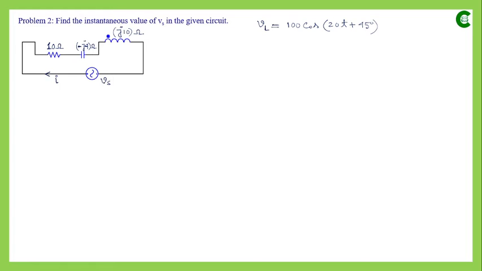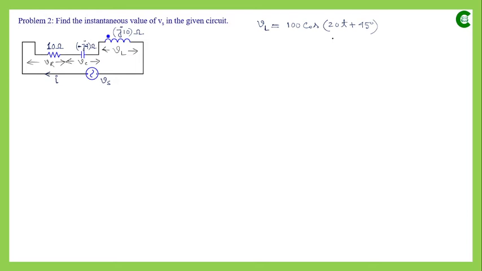Now let's assume that this voltage source supplies a current I, which is again the notation of instantaneous current. Now there is another parameter given, and that is the voltage across the inductor. That means this voltage is given as VL, and that is 100 cos(20t + 45 degree). Let's assume that the voltage across the capacitor is Vc and across the resistor is Vr.